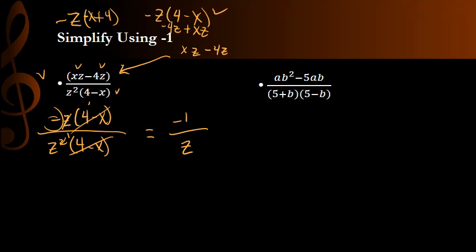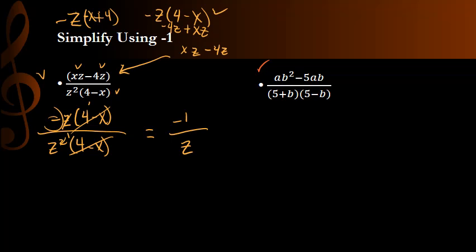Practice, practice, practice. As you're practicing that, you'll begin to recognize these situations right off. Now, let's look at this one over here on the right. We've got ab squared minus 5ab, so I could factor out an ab.